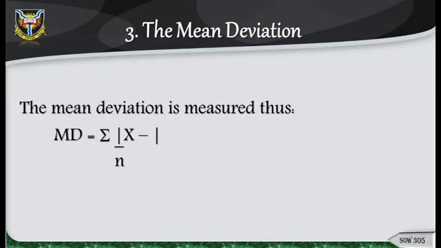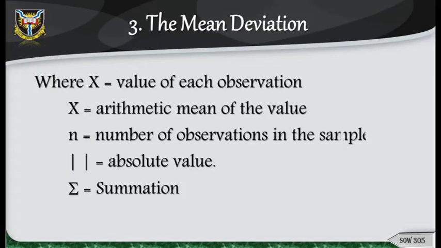The mean deviation is measured thus: MD is equal to the summation of the absolute value of X minus X bar, all over N, where X equals the value of each observation, X bar means the arithmetic mean of the values, N means the number of observations in the sample, and the two strokes mean absolute value.